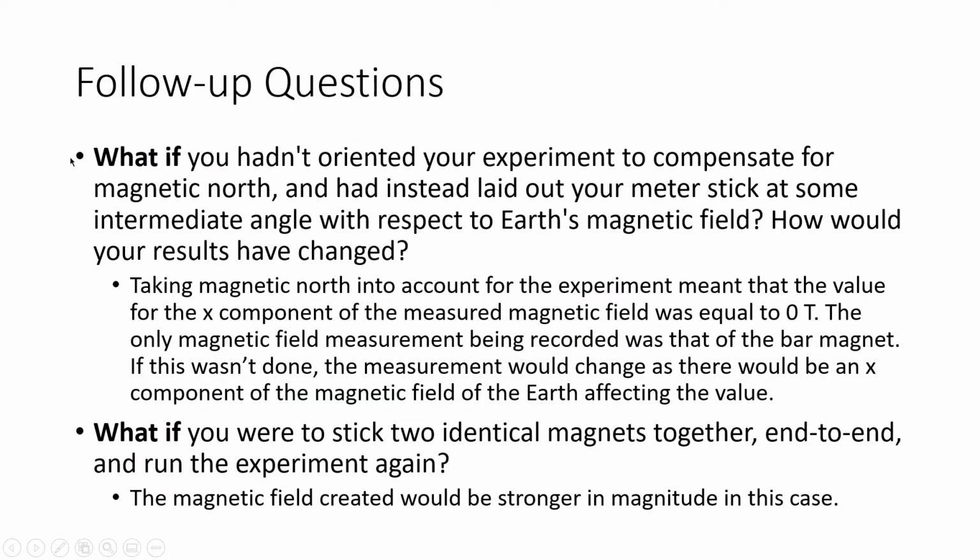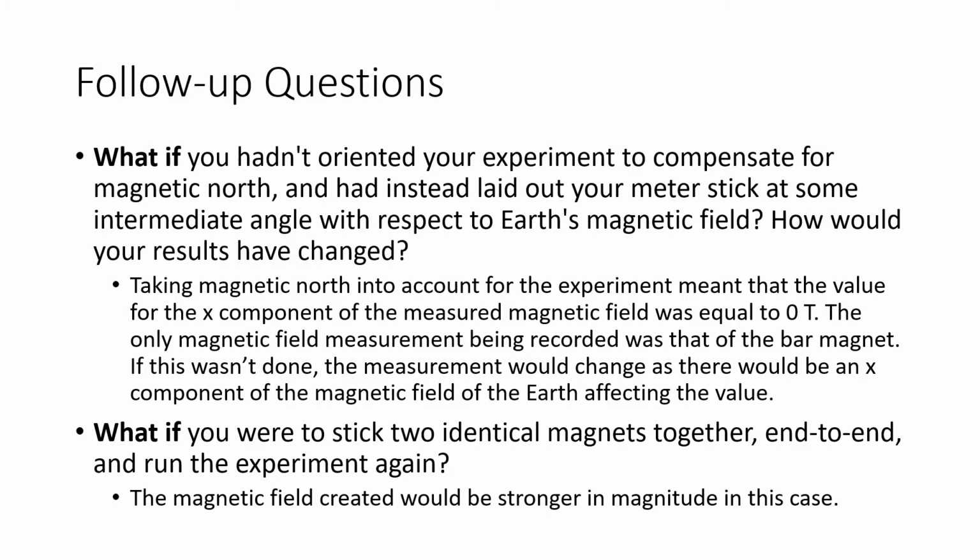Now, if I hadn't oriented this experiment to compensate for magnetic north, and instead just laid out my meter stick at some random angle with respect to Earth's magnetic field, my result would have changed. In this experiment, we account for magnetic north by making sure that the measured magnetic field X component from the magnetometer chip was equal to 0 teslas.